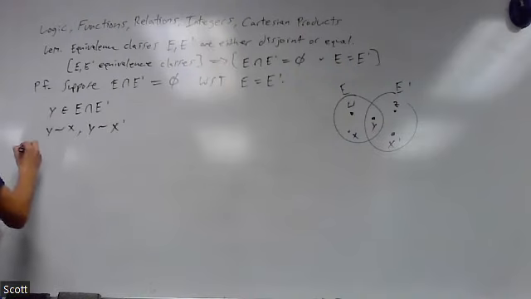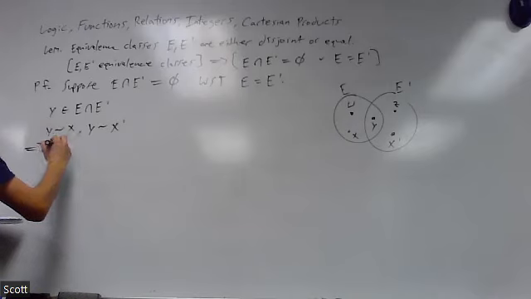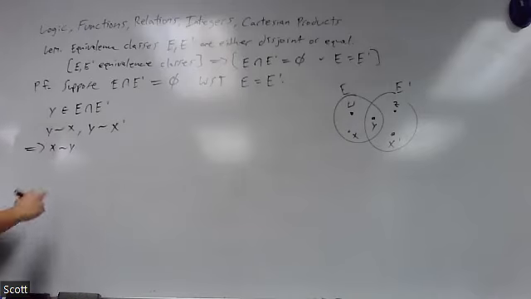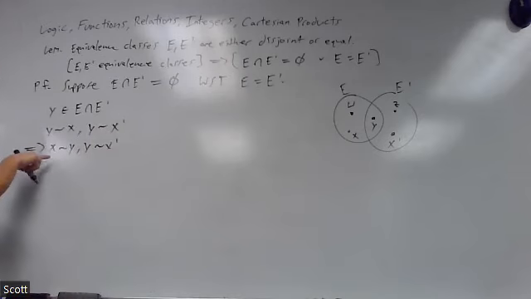Now we can flip the order here because this is an equivalence relation. By the symmetric property, X relates to Y, and Y relates to X prime, so that by transitivity, X is relating to X prime.